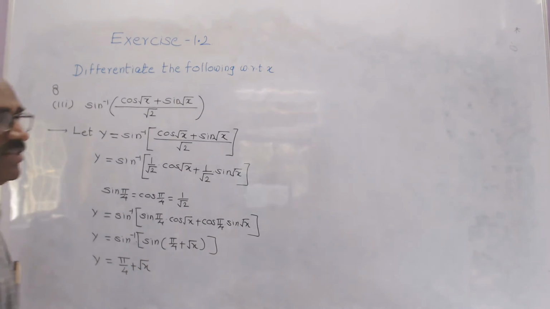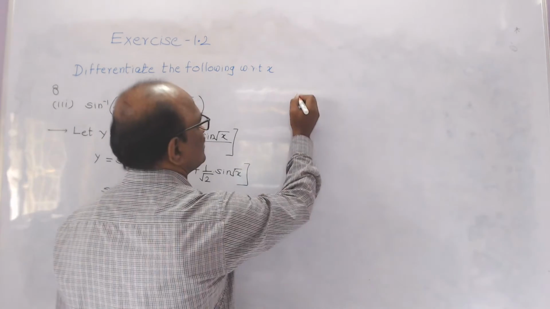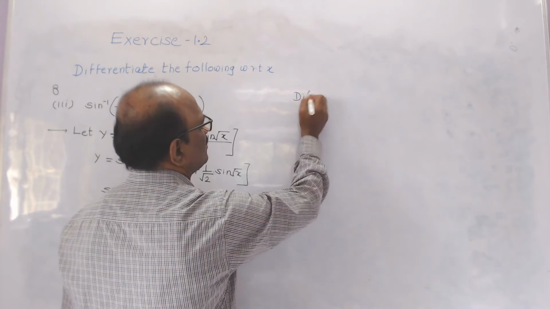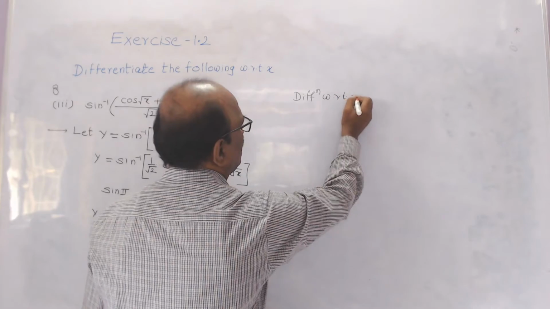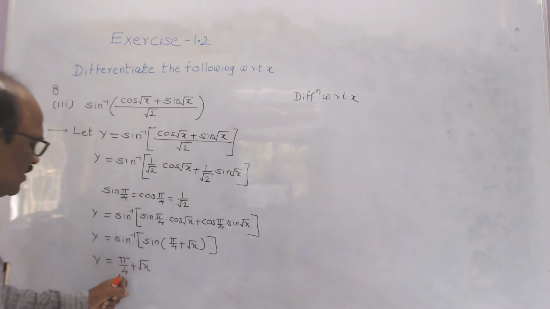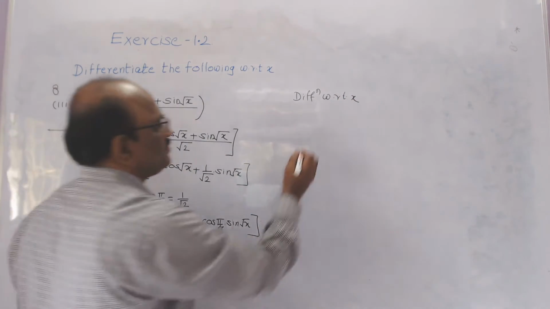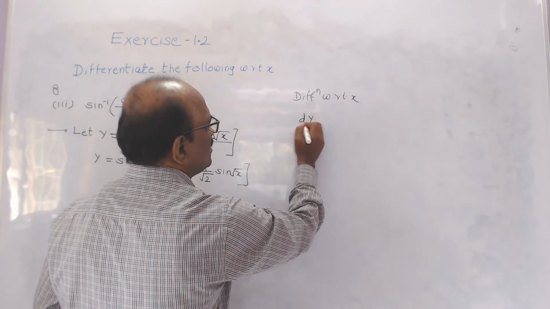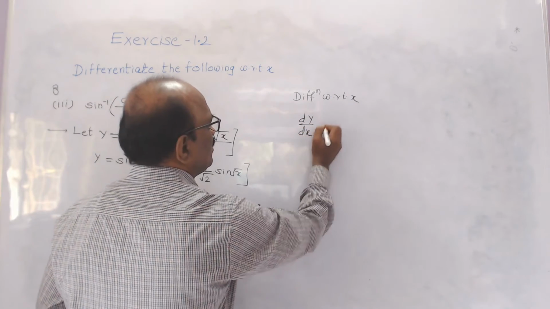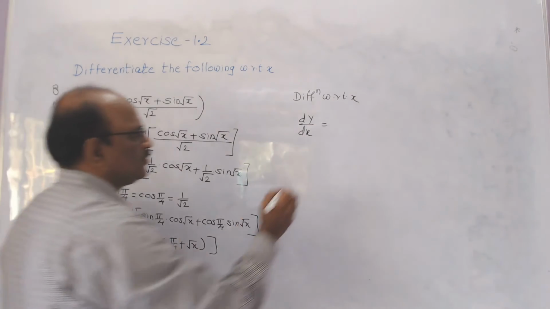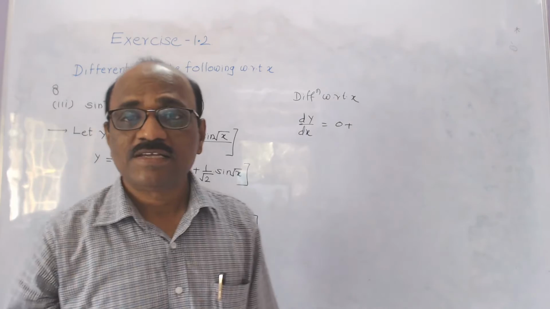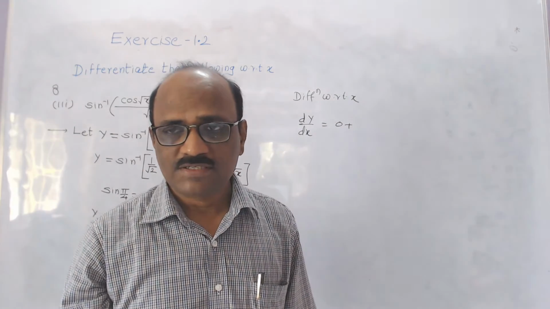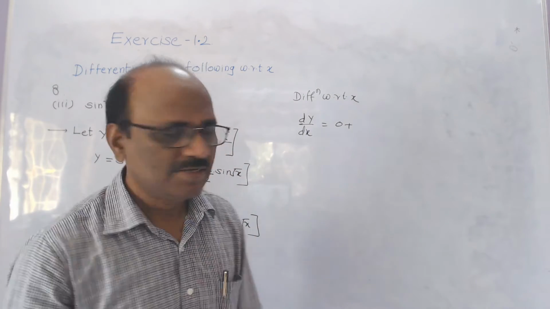Now differentiate this with respect to x. Differentiate again with respect to x. What is the dy by dx? There is a constant pi by 4, derivative of constant is 0, therefore derivative of pi by 4 is 0, and we know the derivative of root of x is 1 upon 2 times root x, that you have learned in 11th standard.